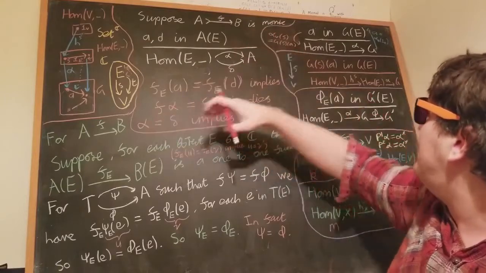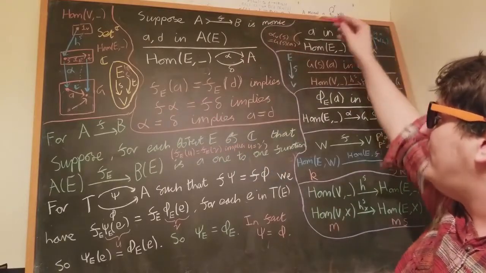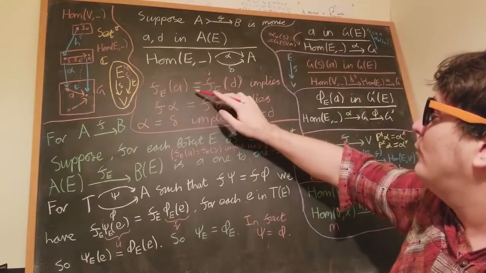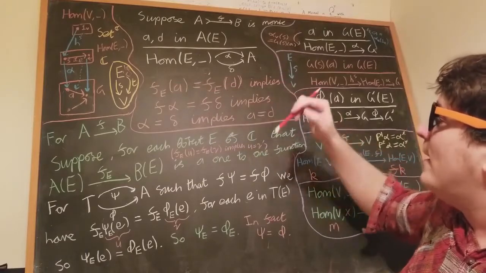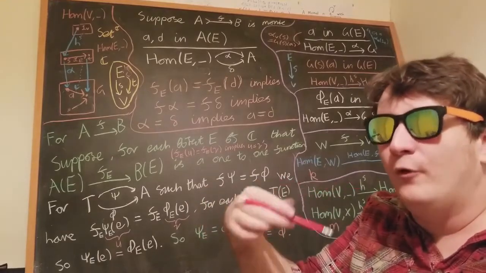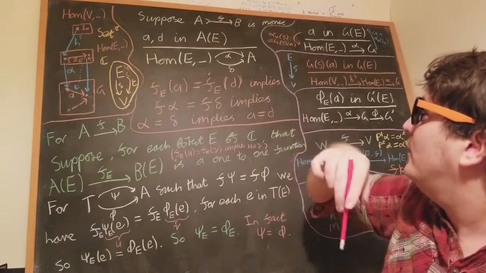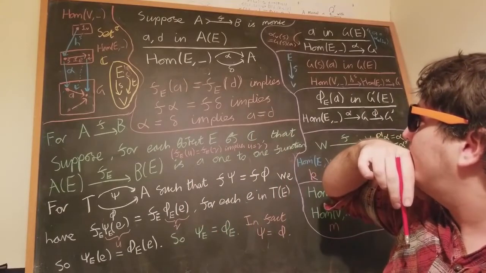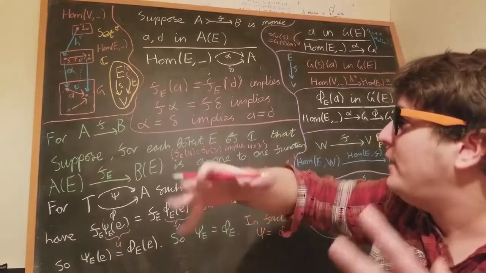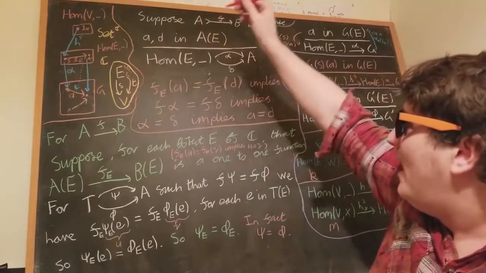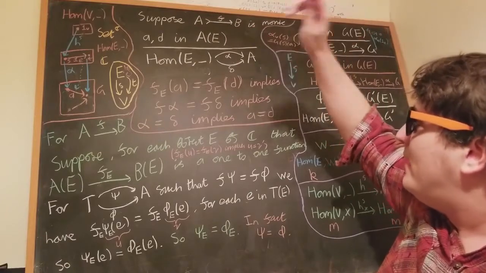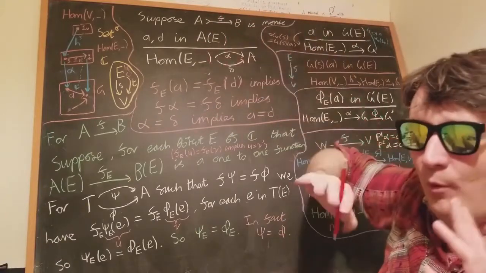And now we just use Yoneda again to convert back into element speak, and we get A equals D. So we do indeed have that f_E of A equals f_E of D implies A equals D. Therefore, f_E is a one-to-one function, taking us from A of E to B of E. And this works for any object E of the category C. And therefore, we're done. We've shown that if f is monic, then each of f's components are one-to-one functions.